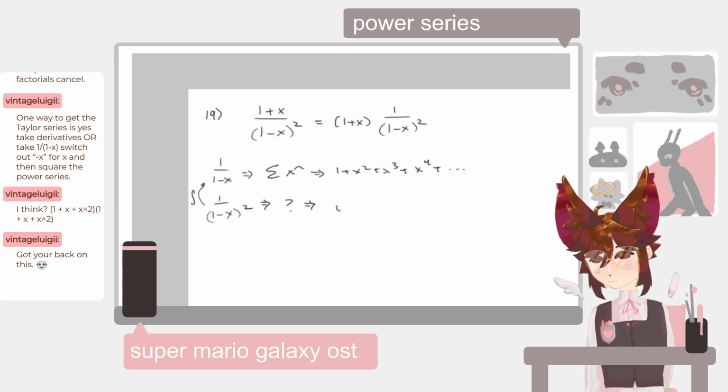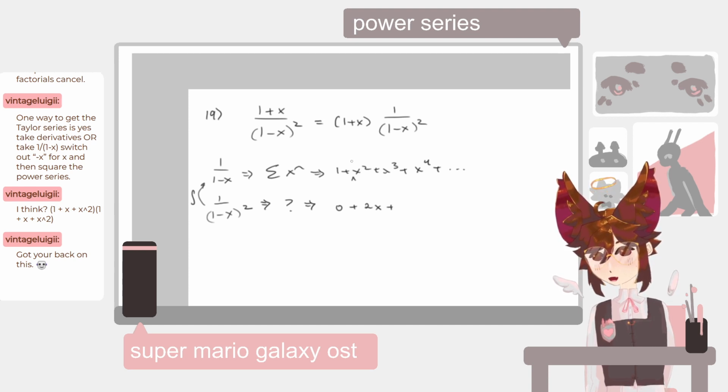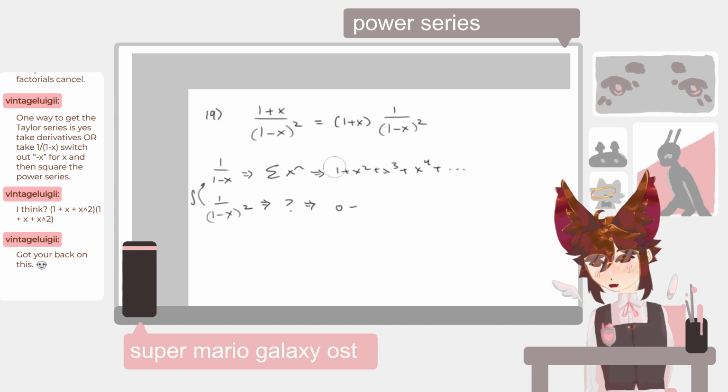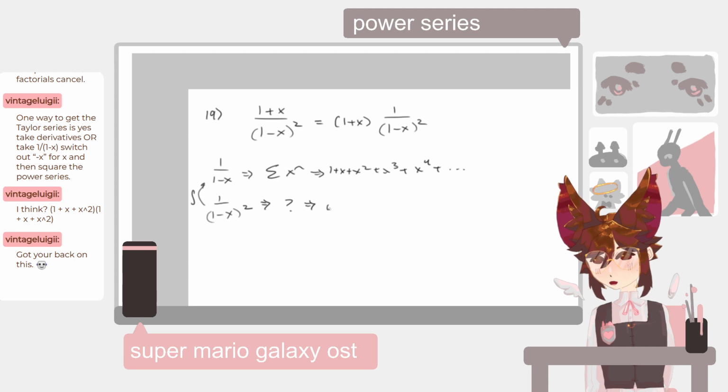So 0 plus 1 plus 2x plus 3x squared plus 4x cubed plus, okay.